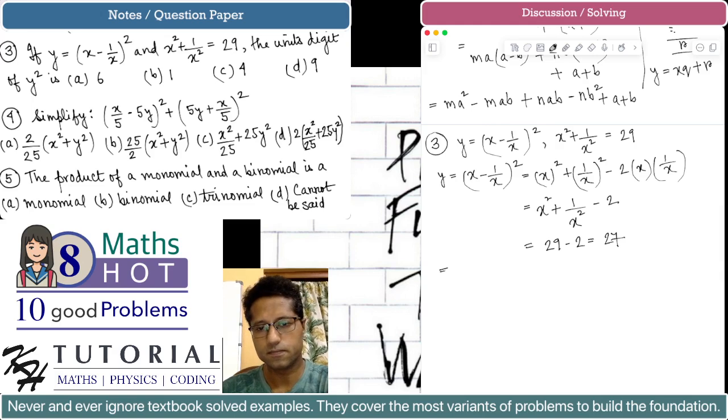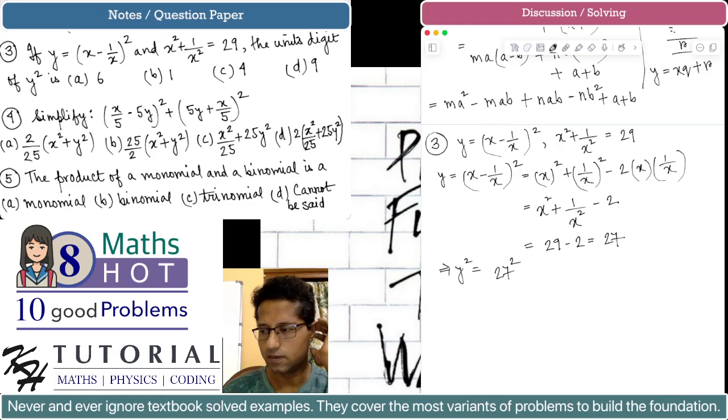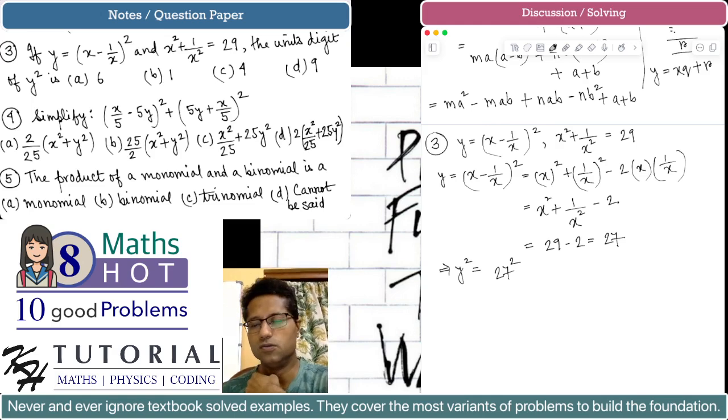Now what is y square? Y square is 27 square. Now from the chapter of squares and square roots, you know that if a number ends with the digit 7, then definitely its square will end with the digit 9, because 7 into 7 is 49, and the units digit of 49 is 9.